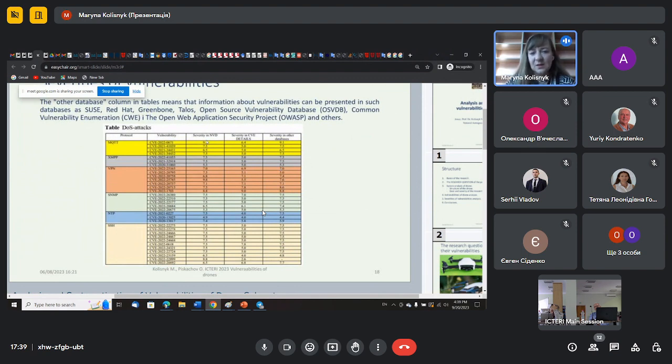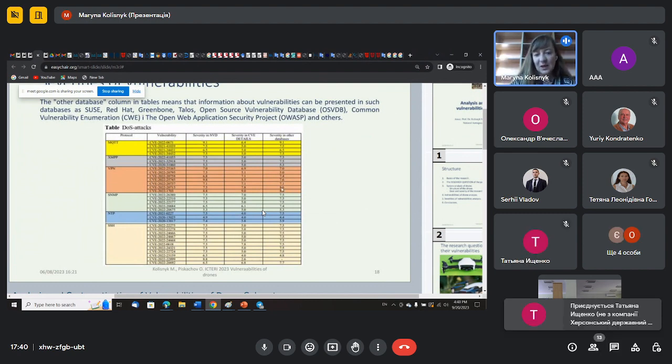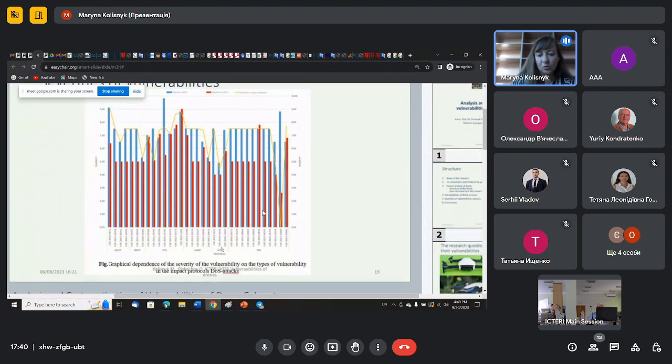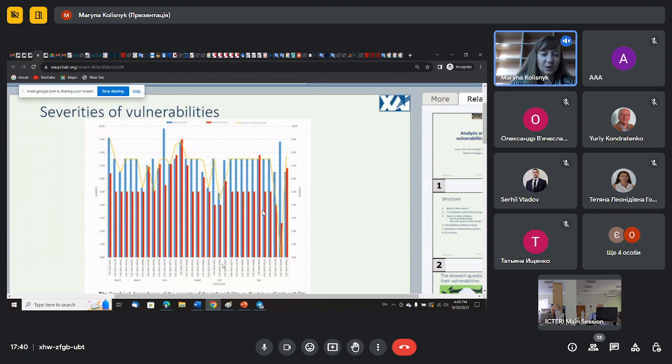And we can find that in NVD, most of the whole information about different types of vulnerabilities and cyber attacks with severities is present. You can find here an example of graphical dependencies, and you can see protocols for DOS attacks on the abscissa axis, and severity of cyber attacks.